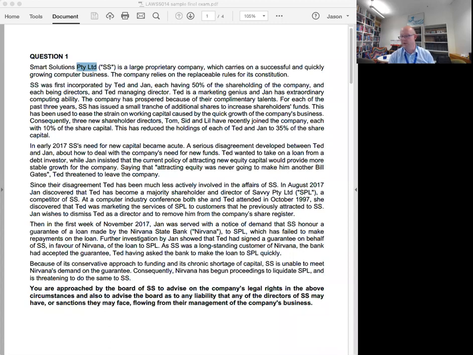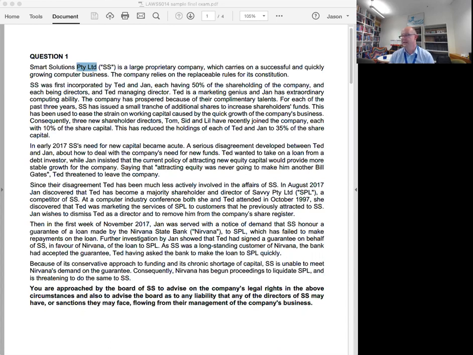So I'm just going to quickly look at my Corporations Act, section 203. So all the 203s are how we get rid of directors. And one of the things we know there is that for proprietary companies, members can remove them. That's a replaceable rule. 203C, for public companies, members can remove them, and that's not a replaceable rule.